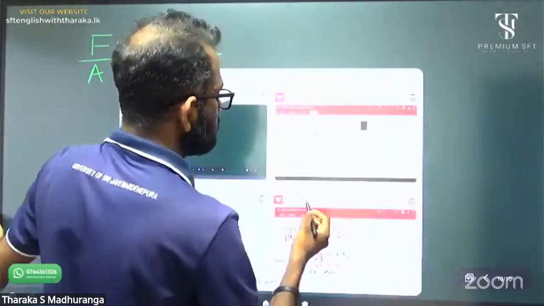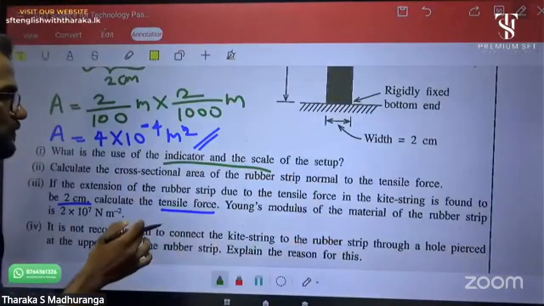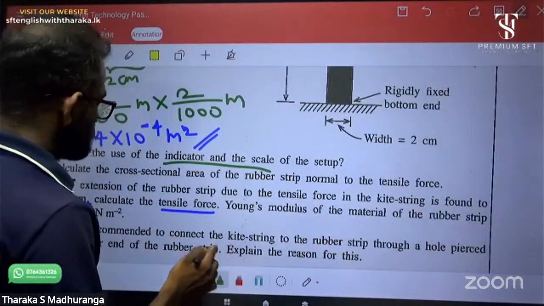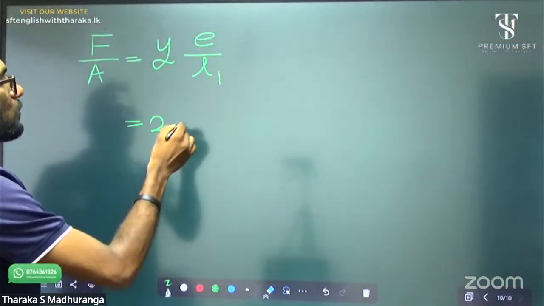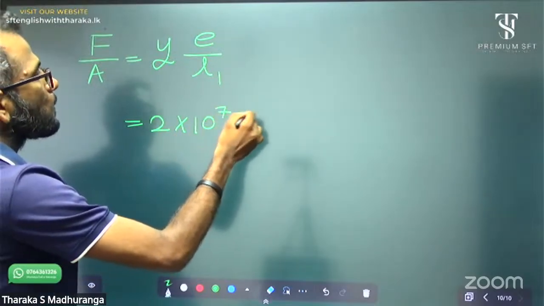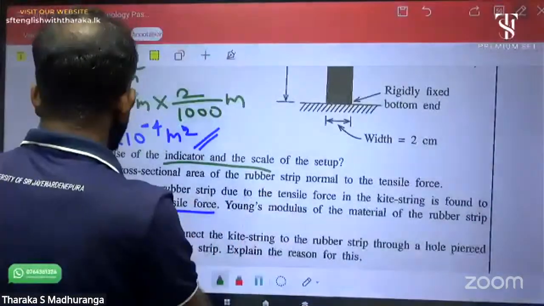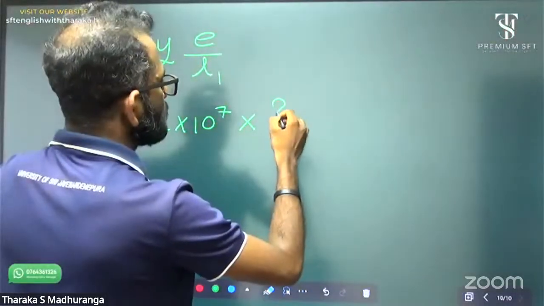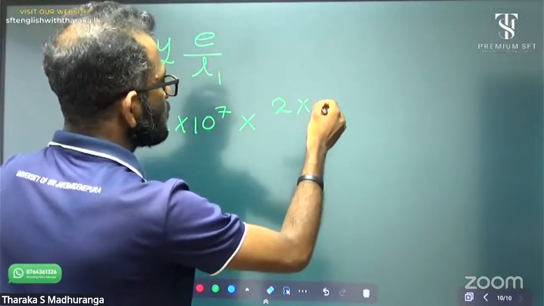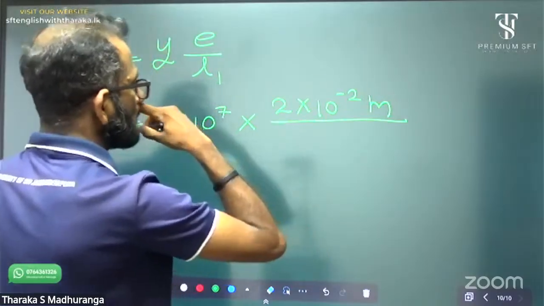The Young's modulus is given. The question asks for Young's modulus 2 into 10 to the power 7. Extension 2 centimeter, which means 2 into 10 to the power minus 2 because we convert to meter.